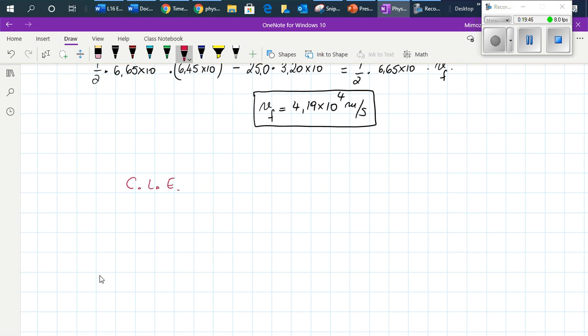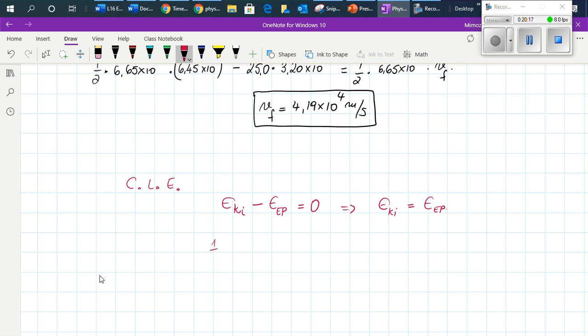In that case, using the conservation law of energy, the initial kinetic energy of the alpha particle taken away from the electric potential energy will make the alpha particle stop, so it will make it zero. In other words, the initial kinetic energy is equal to the electric potential energy between the two plates.